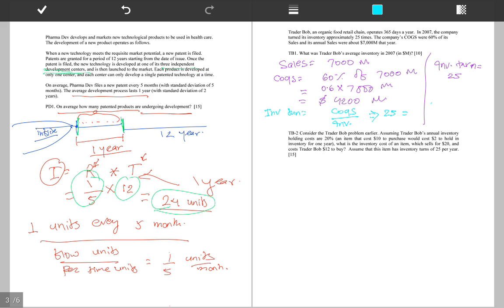We have COGS of 4,200 million. Then we want to find what the inventory is. Well, that means inventory is nothing but 4,200 million divided by 25, which turns out to be 168 million.